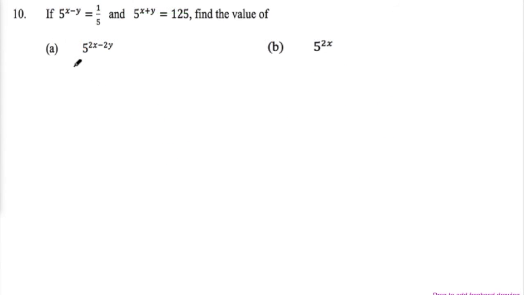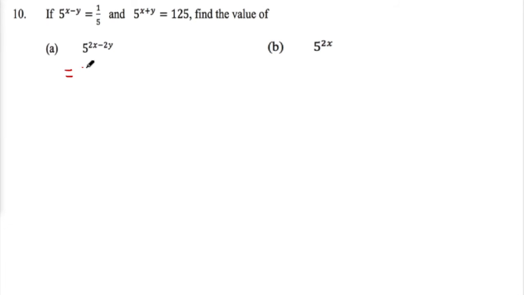In question 10, we have another sum on indices. We are given two sets of values. 5 to the power of x minus y equals to 1/5, and 5 to the power of x plus y equals to 125. We must make use of these two values to solve the sum. If you examine the first sum, you'll notice that it's quite similar to the first expression given.